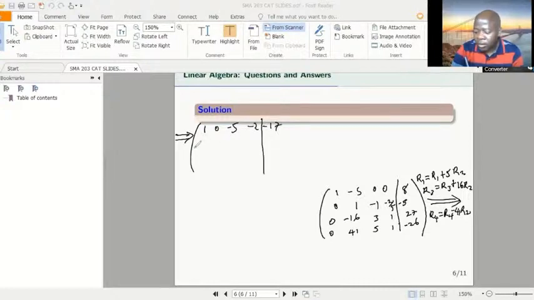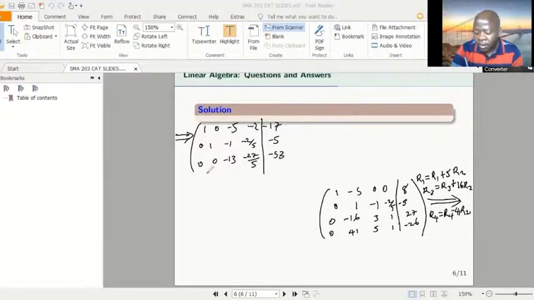Then I'll get 0, 1, negative 1, negative 2 out of 5, and this other one was negative 5. Then this other one will give me 0, 0, negative 13, negative 27 out of 5, and this other one will give me negative 53.